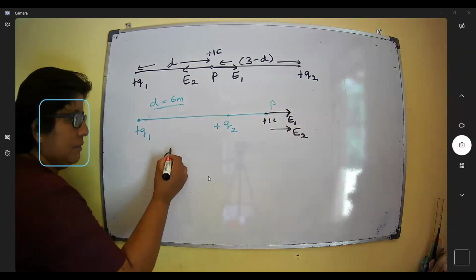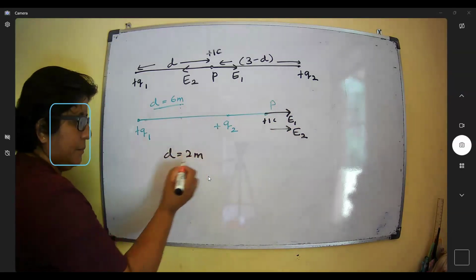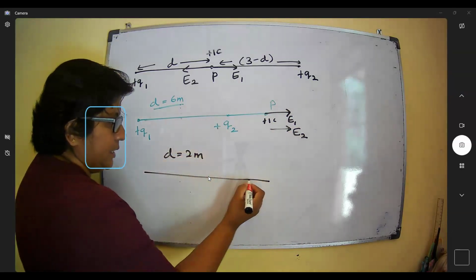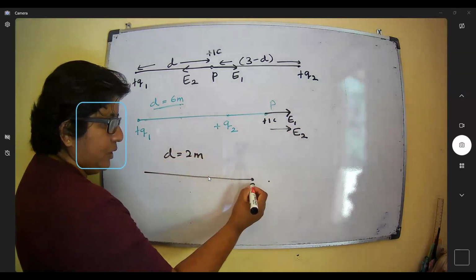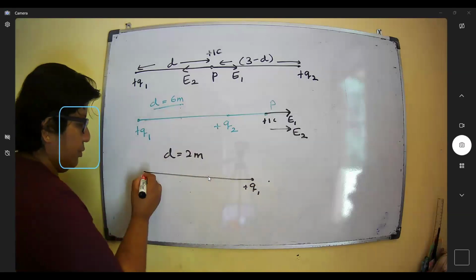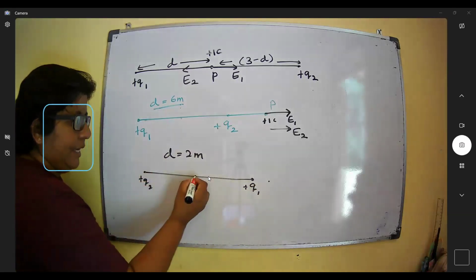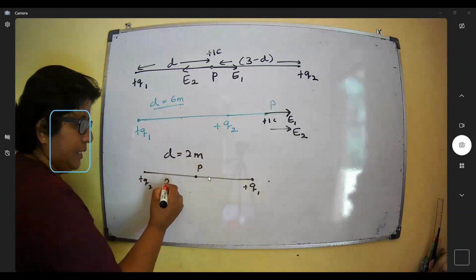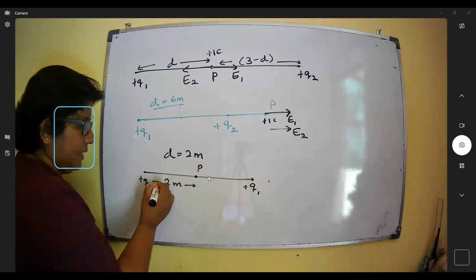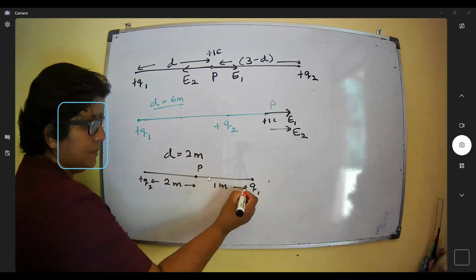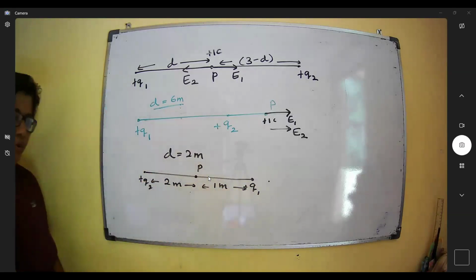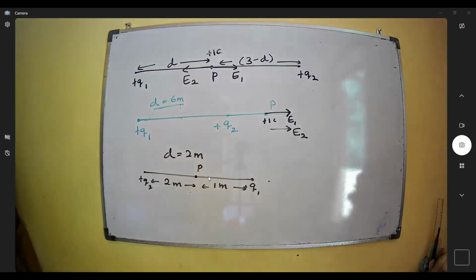But D is equal to 2 meter. Then what happens? D is equal to 2 meter means between Q1 and Q2, P is here, 2 meter, and the other one is 1 meter, because the distance between Q1 and Q2 is 3 meter. If the answer is 2 meter, then we can take P at that point.